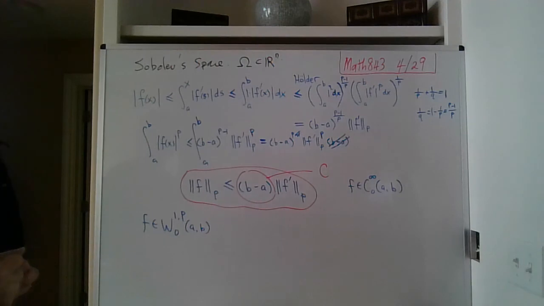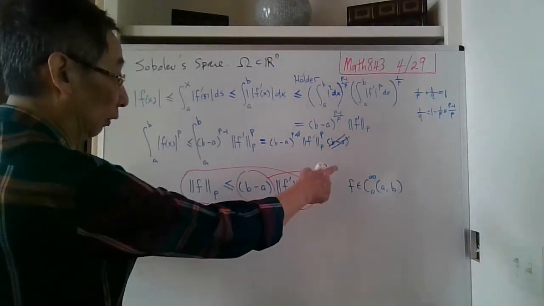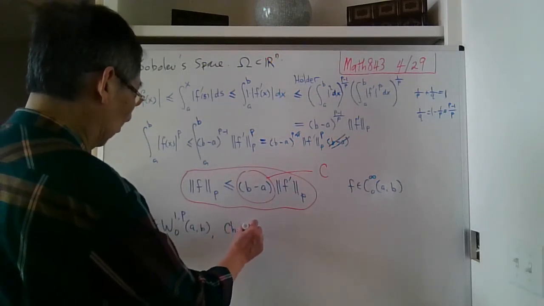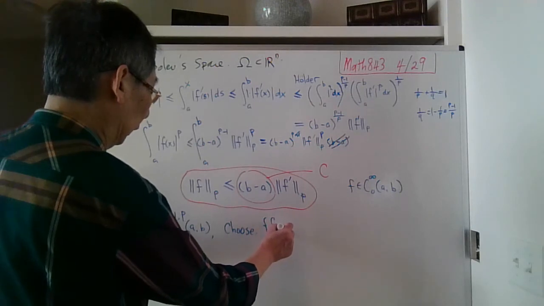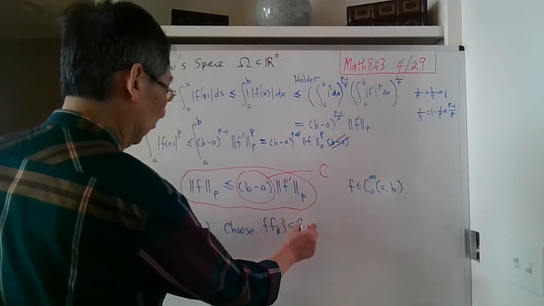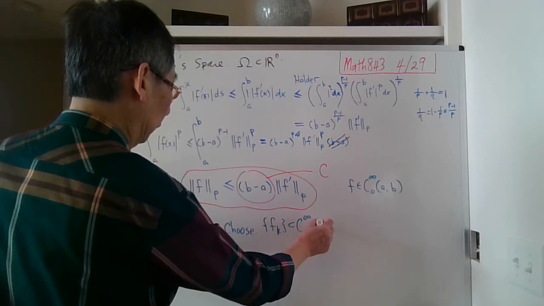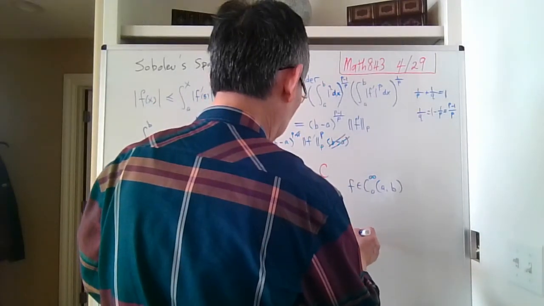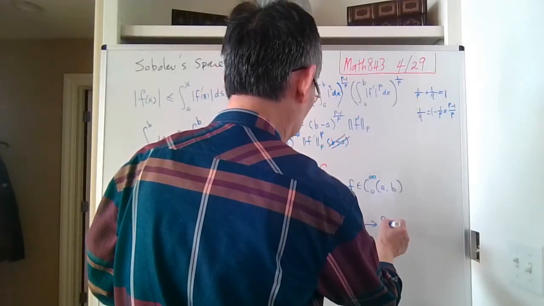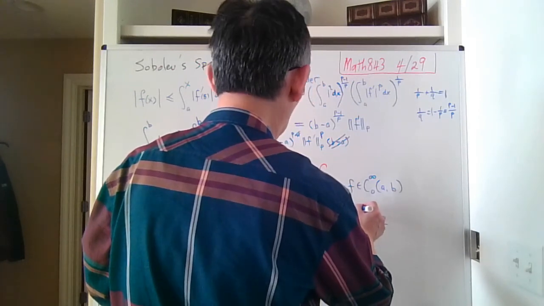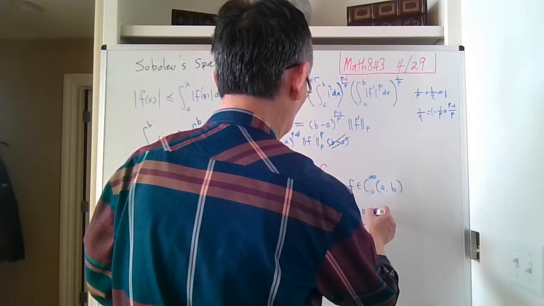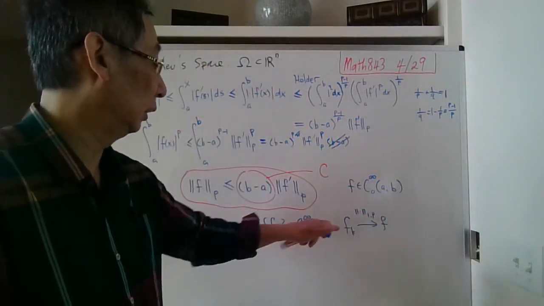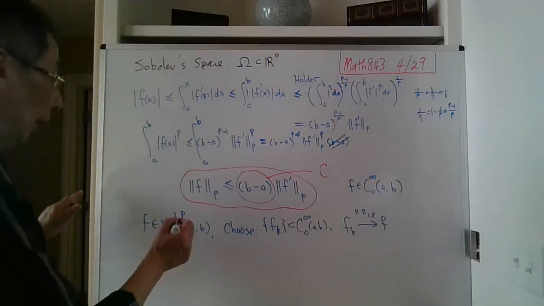Suppose you have such a function, and because C_0^infinity is dense in the space, you can choose a sequence f_k in C_0^infinity(a,b), the smooth functions, so that f_k converges to f in the W^{1,p} norm.